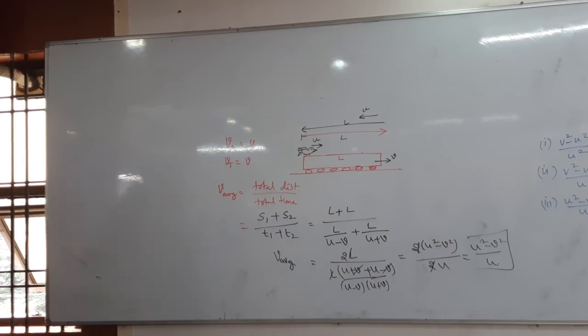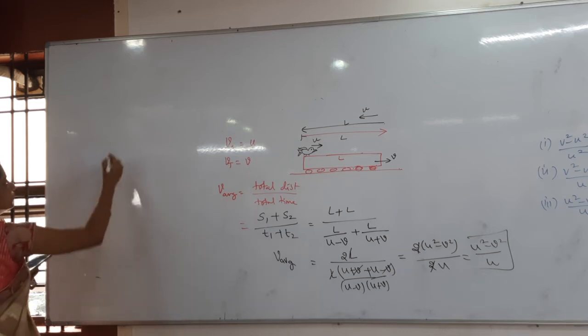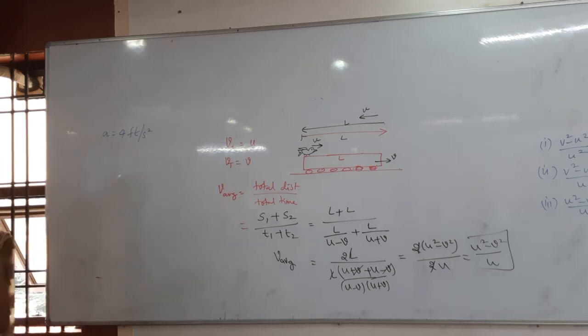Lift. Done. Next, write a problem. A lift starts ascending with an acceleration of 4 feet per second square. Full stop.